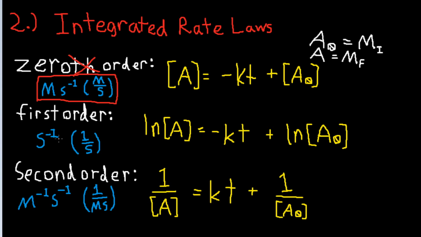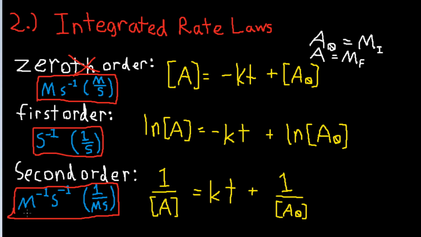For first order, it's S to the negative 1, or 1 over S. This one's a bit more complicated because it's the natural log of A equals the negative k, the rate law constant that we just worked on in the other problem, times time plus the natural log of A sub 0. Then for second order, it's M to the negative 1 times S to the negative 1, or 1 over M times S. Sorry, in case I haven't said it, S is seconds and M is molarity.